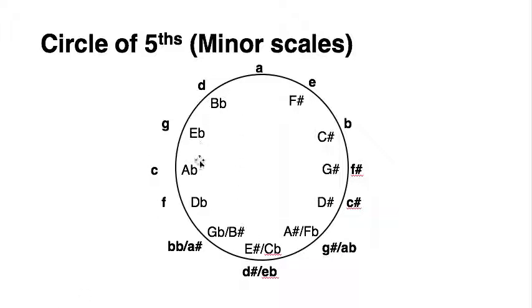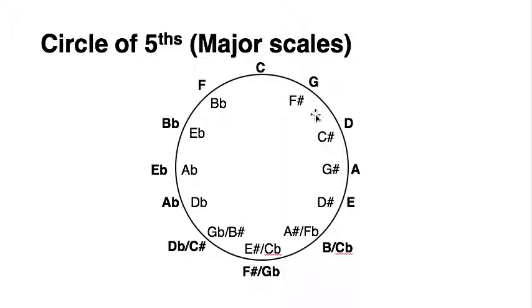What about the inside here of the circle of fifths? The order of accidentals needed for these minor scales. If you notice, it's the same order and the same accidentals that we had before, right? Remember F sharp, C sharp, G sharp, D sharp. It's the same F sharp, C sharp, G sharp, D sharp, and so on.